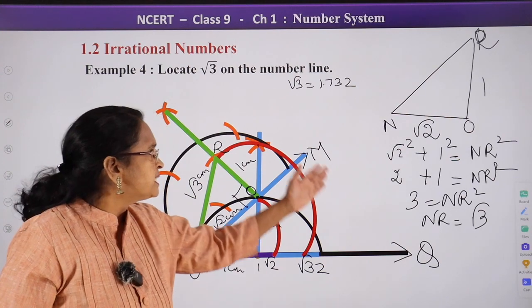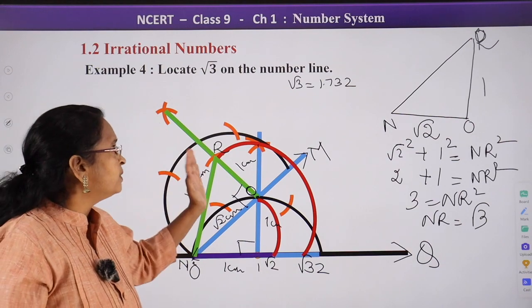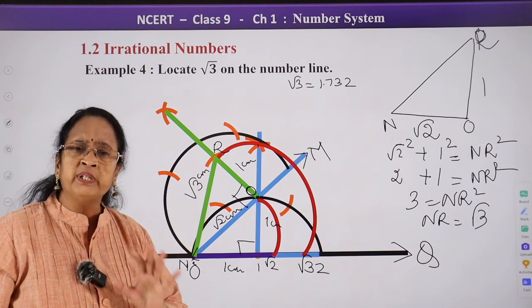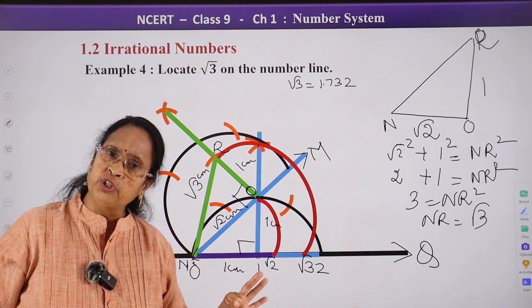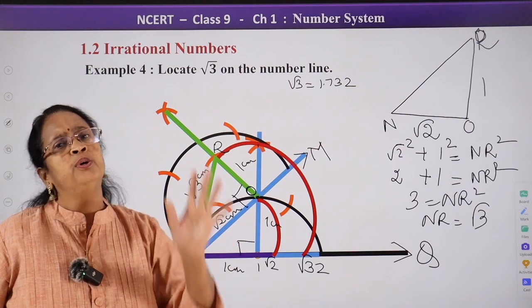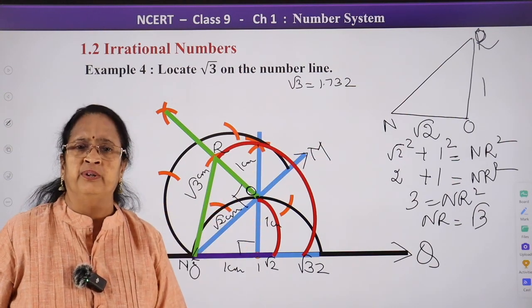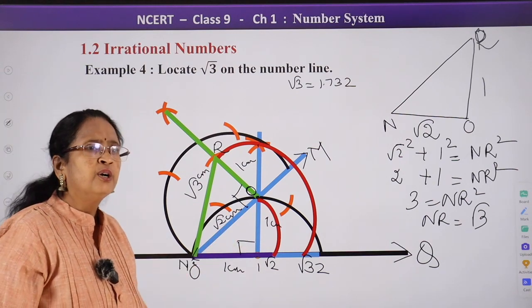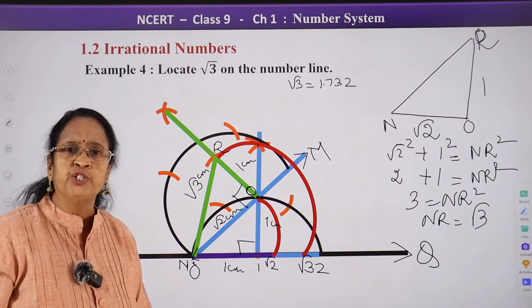Alright, so this is how we construct root 3, locate root 3 on the number line. So for root 3, there is no other shortcut. You have to do root 2 and extend it to root 3. And with that same principle, Pythagoras theorem. Alright, so this is how we locate root 3 on the number line. I hope it is very clear to you, isn't it?